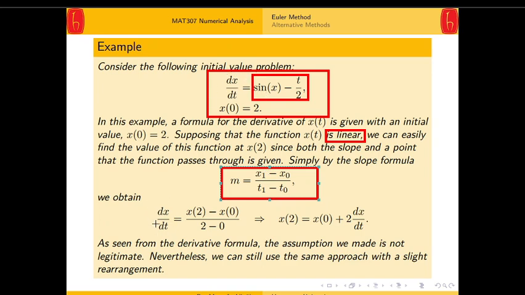So the derivative will be equal to the x value at 2 minus the x value at the initial point 0, over the difference between the t values, which equals dx/dt. This is again with the assumption that the function itself is linear. In this case, we can solve for x(2), and this is only with an assumption that the function is linear.